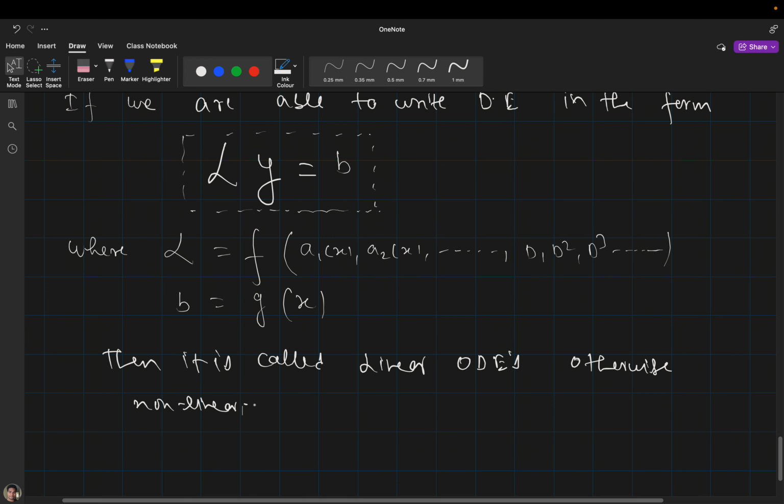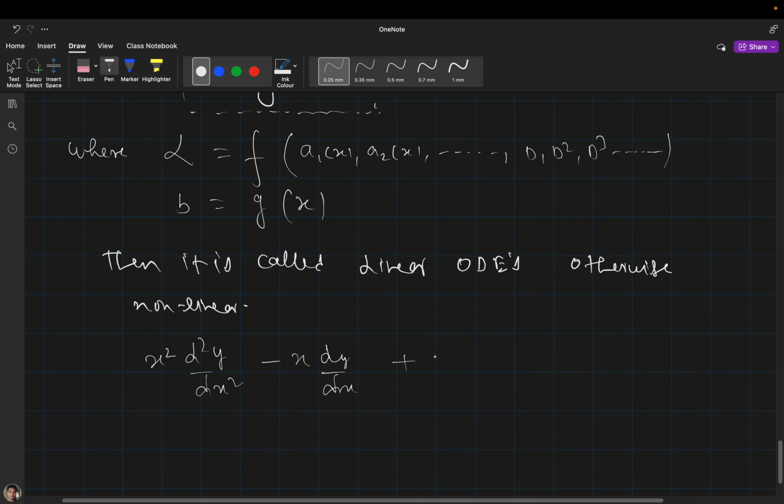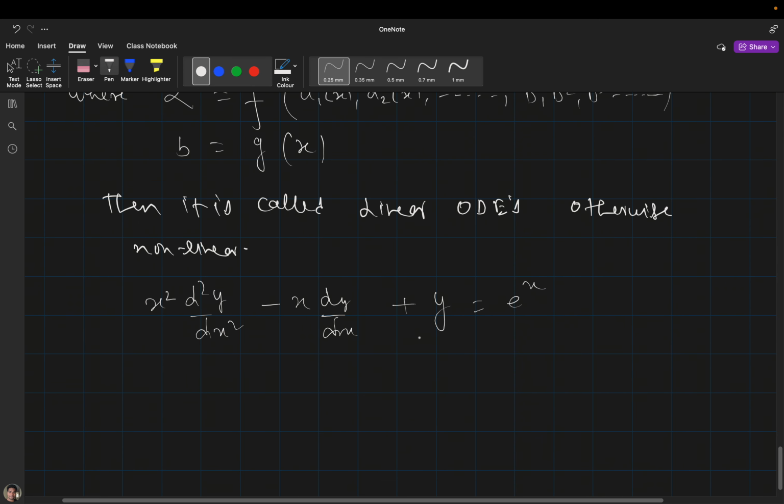For example, suppose you have some kind of differential equation like this. Is it a linear differential equation or non-linear? It is linear.